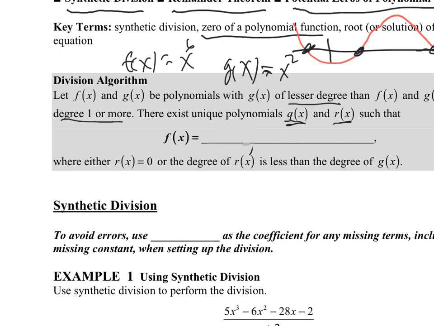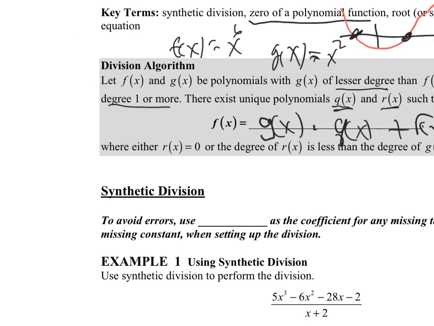Let me back that up. I'll show you why. It's going to be g of x times q of x plus r of x. What does that mean?